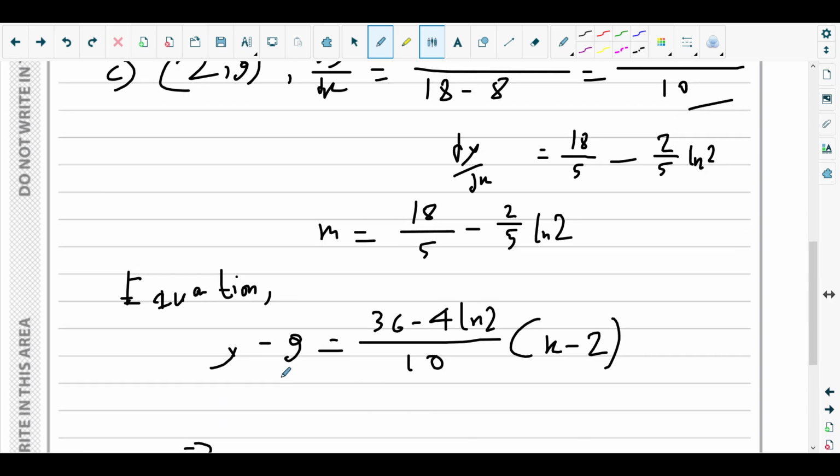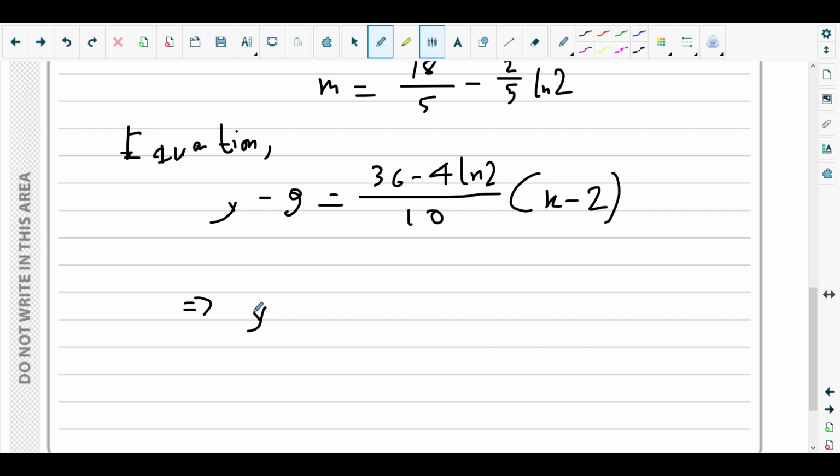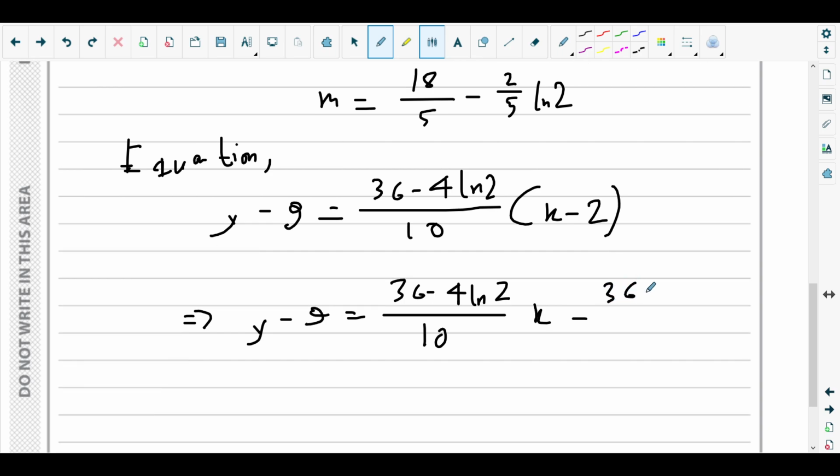So what we can do now is multiply out the brackets. What you will get? 36 minus 4 ln 2 over 10 x minus what? 36 minus 4 ln 2 over 5.